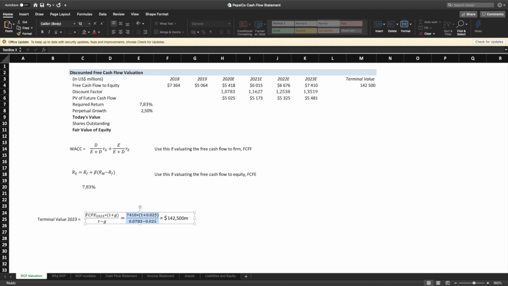And as you can surely figure out, this will then be our free cash flow to equity at the next period, that is the year 2024.